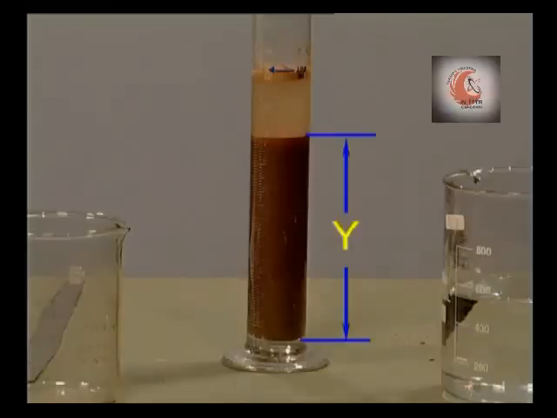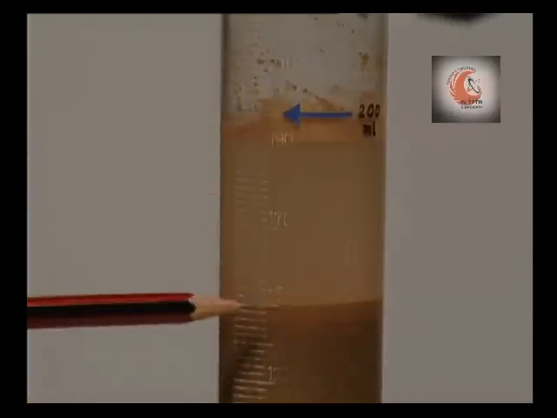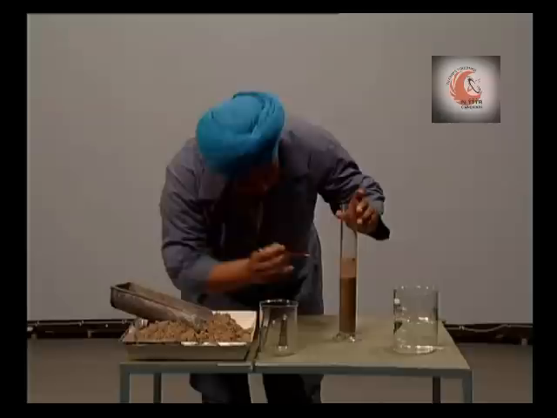Let this level be Y. Bulking of sand shall then be calculated by using the formula (200 minus Y) divided by Y multiplied by 100. The value of Y in the present case is 150 ml.